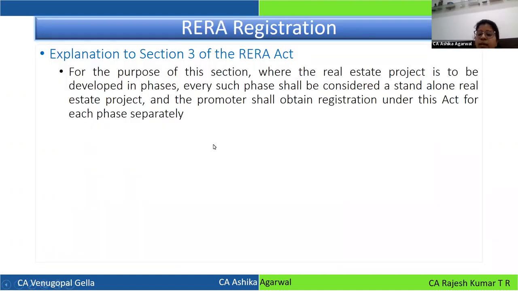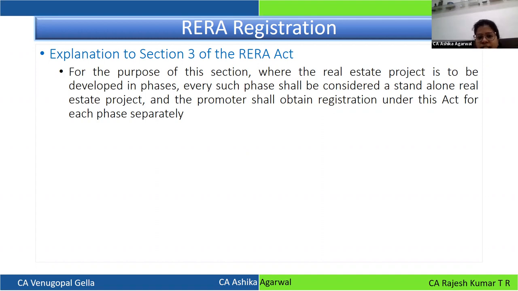Another important thing is about RERA registration. For RERA registration, we know that for every project you have to take RERA registration. There is one explanation to Section 3 of the RERA Act, which says that if you are developing a project phase-wise and taking registration phase-wise, it will be considered a standalone real estate project.